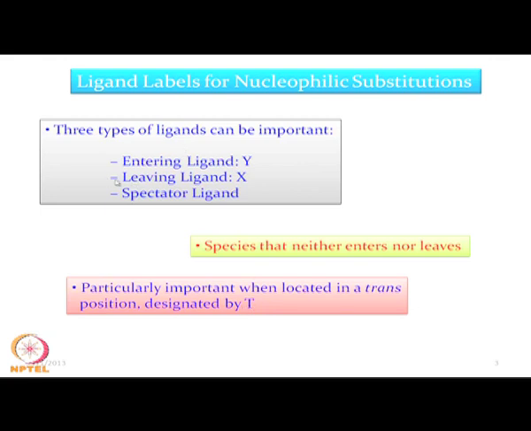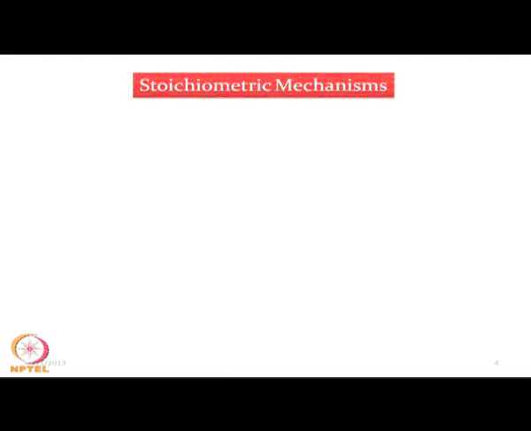That means, whether that position is the leaving position or the position utilized for the entering ligand, trans to that, these spectator ligands we can consider as the T ligand, which can see the reaction and can control the reactivity pattern for these centers.